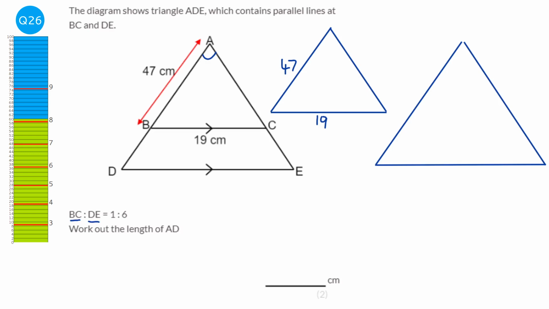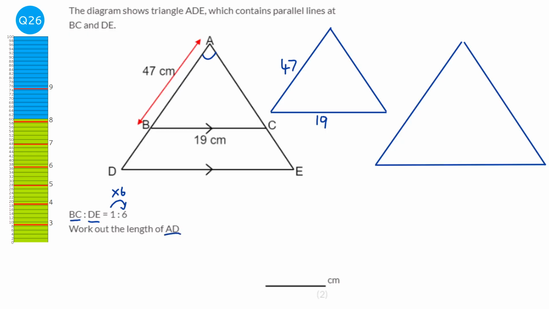So BC is this length here, and DE is this length here. So we're actually given the scale factor, because we know that 1 times 6 is 6. So we know the scale factor is 6, and it's asking us to find length AD.